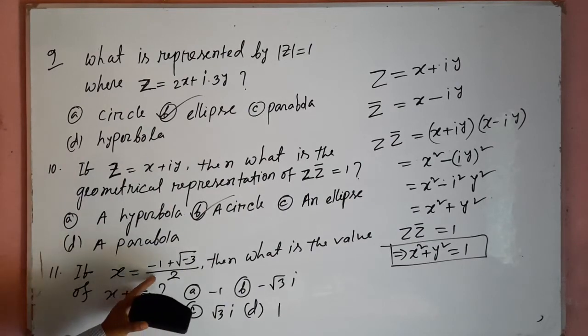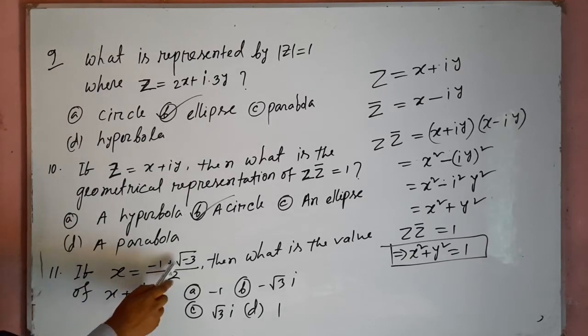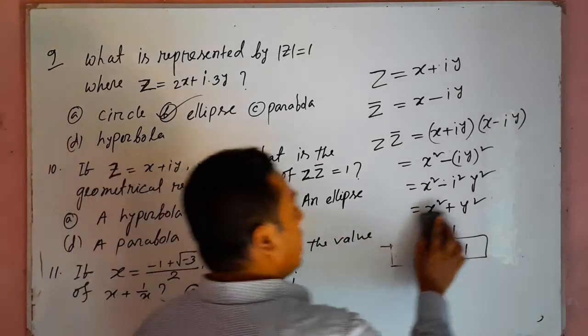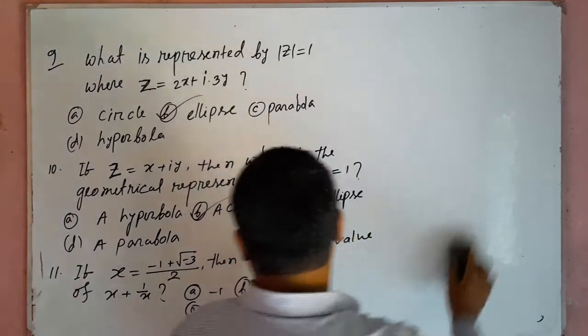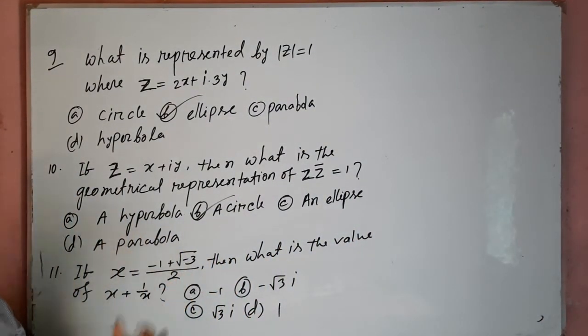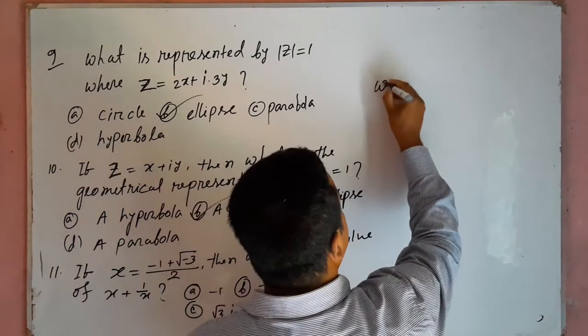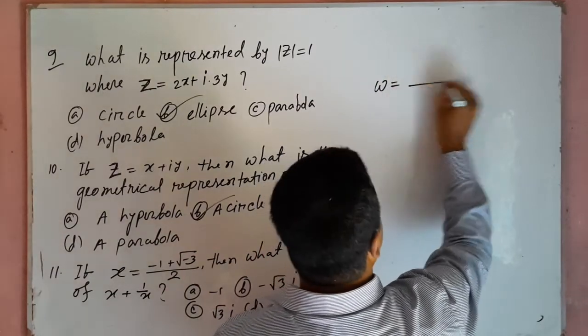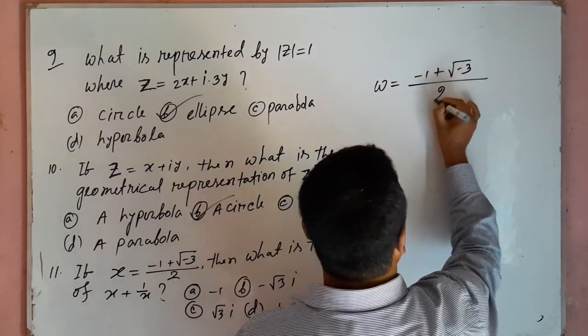Now in this question number 11, x is equal to minus 1 plus root over minus 3 divided by 2. It is our complex root of unity, omega is equal to minus 1 plus root over minus 3 divided by 2.